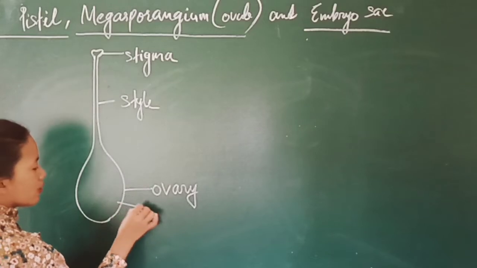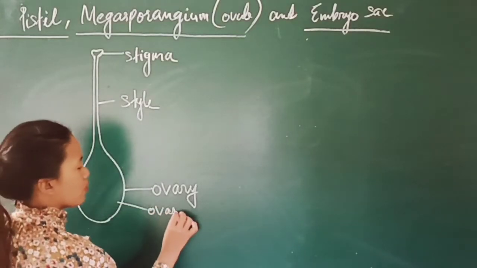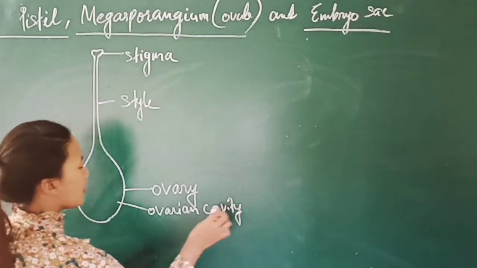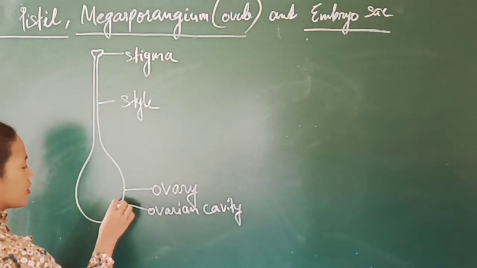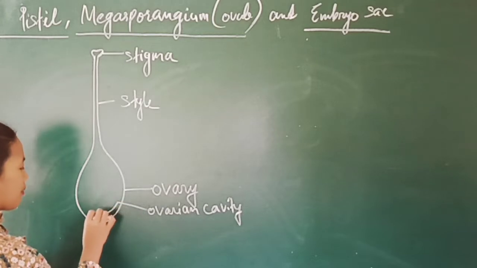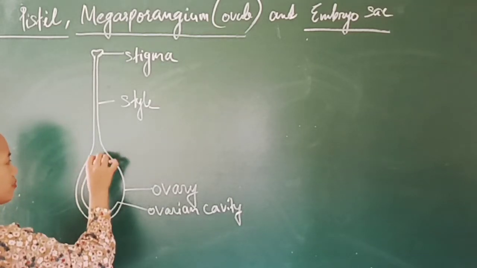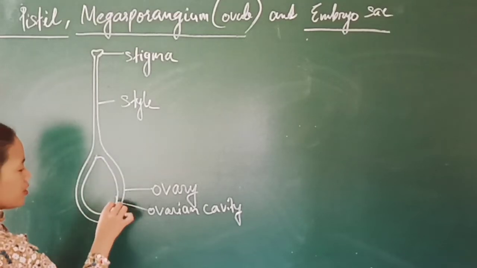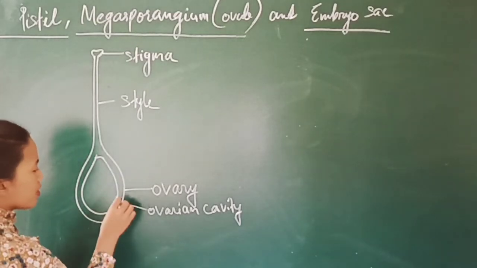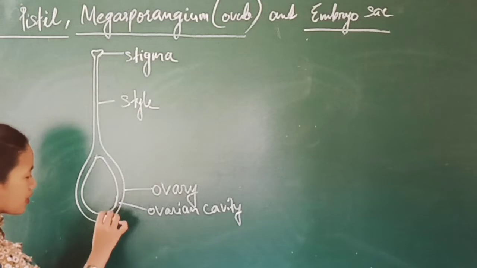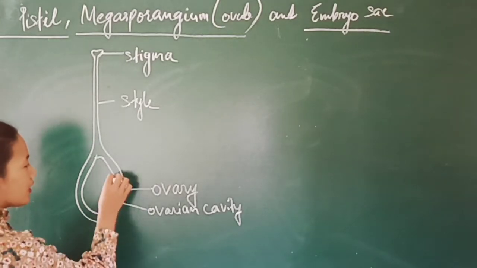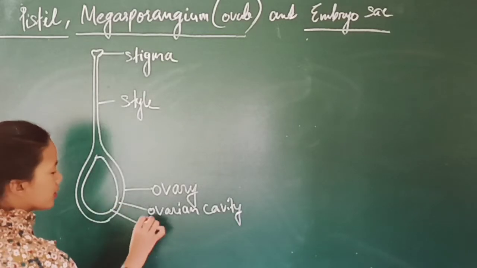Here you'll find the ovarian cavity. And inside this ovarian cavity, you'll find this placenta. The space between this placenta and the ovary wall is called the ovarian cavity, and this one is the placenta.